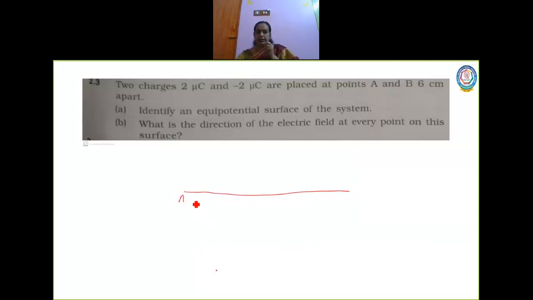This is point A, this is point B. At point A we have charge plus 2 microcoulomb, and here minus 2 microcoulomb. They are separated by 6 centimeter.